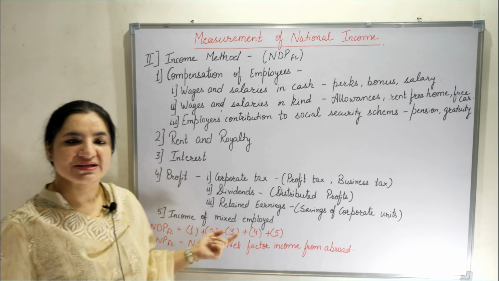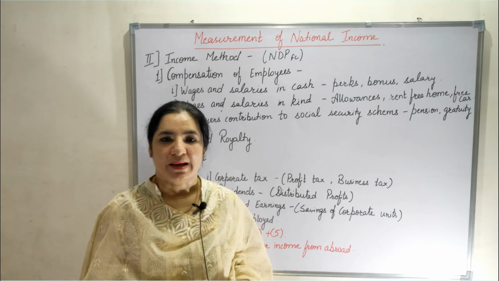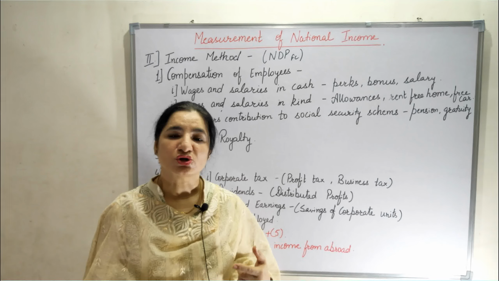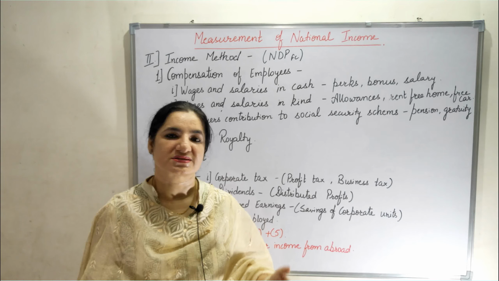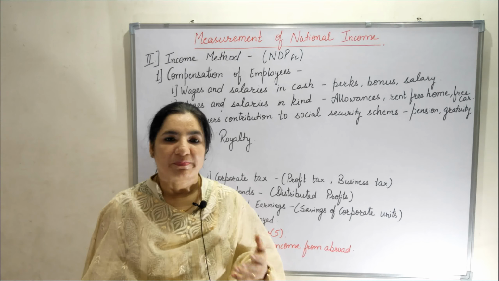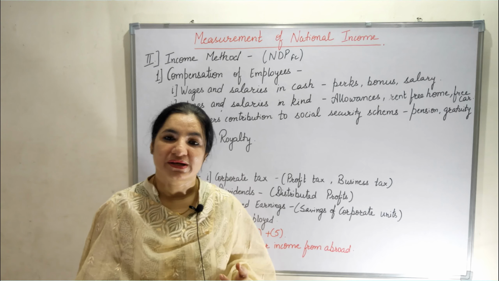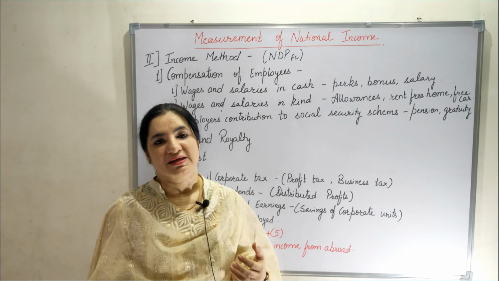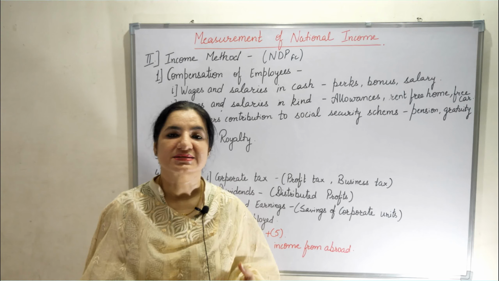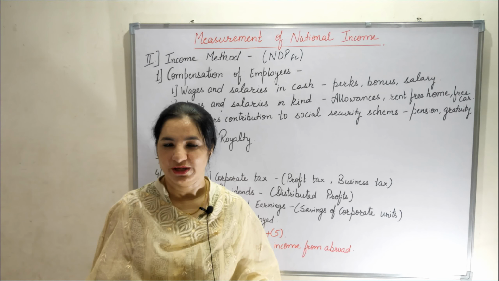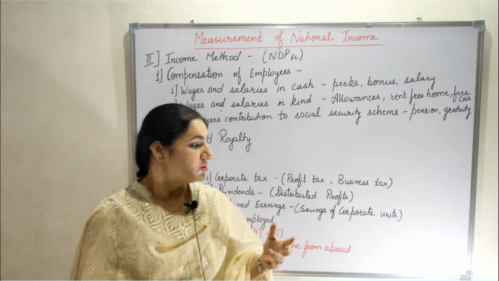The last head is mixed income of self-employed. Sometimes it is not possible to divide the income generated amongst the four heads. It happens in the case of sole proprietorship, or where the business is done on his own land by the owner or the employer.